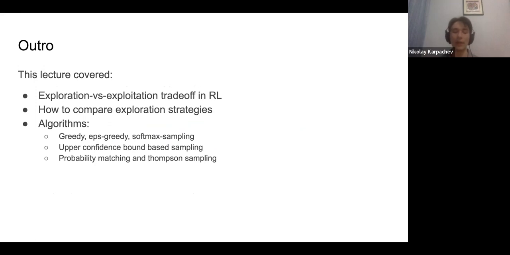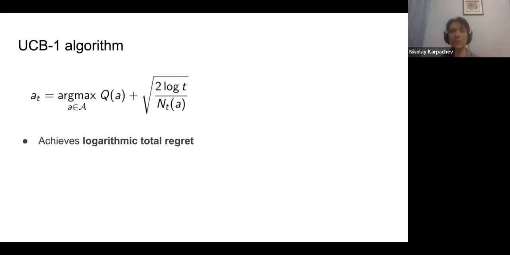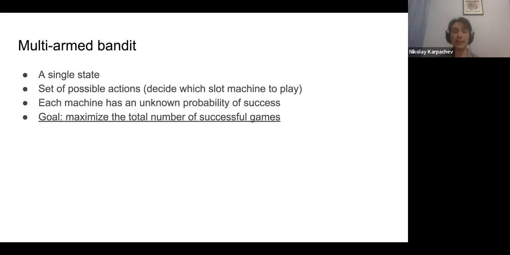Namely, every time we make an action, we need to choose whether we should select the best action according to our belief, or whether we should explore something else in hope of discovering a hidden gem. Then we've compared exploration strategies. We've introduced a metric for exploration strategies, which is called regret.